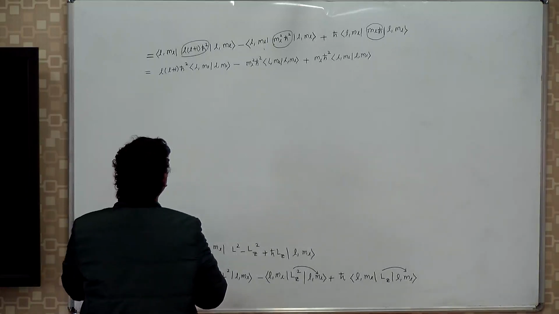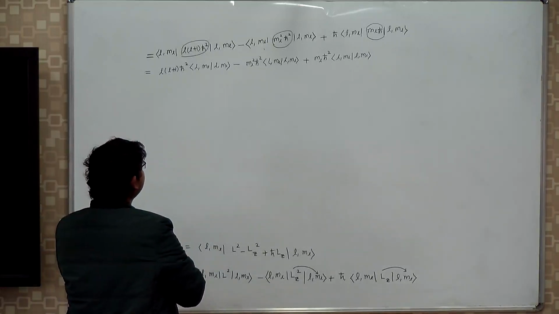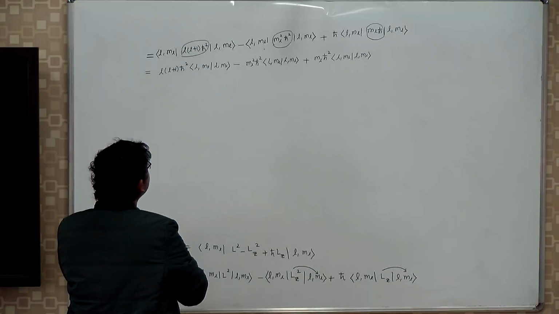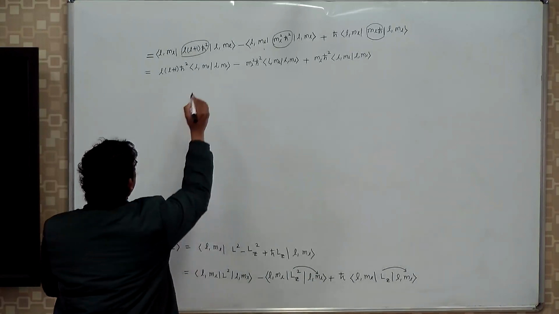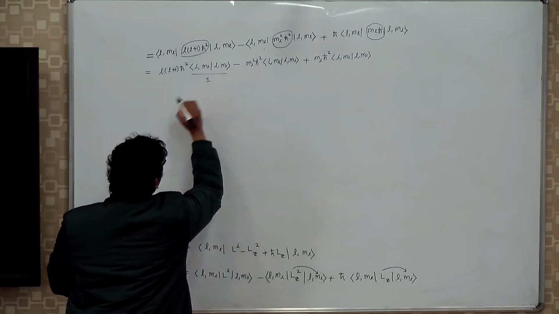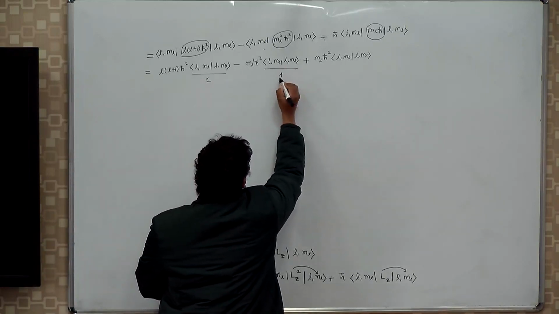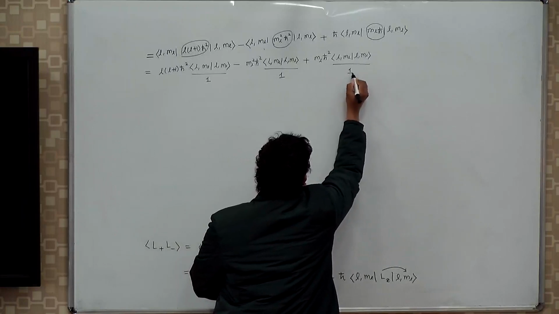Of course, as per the chronic, this value will be 1, again this value will be 1, this will be 1.